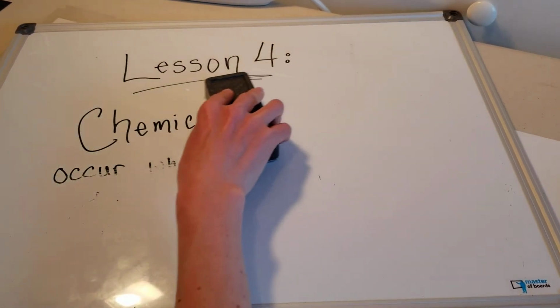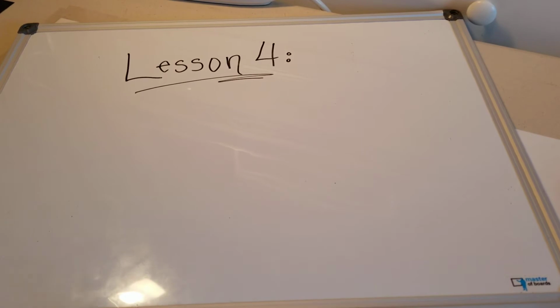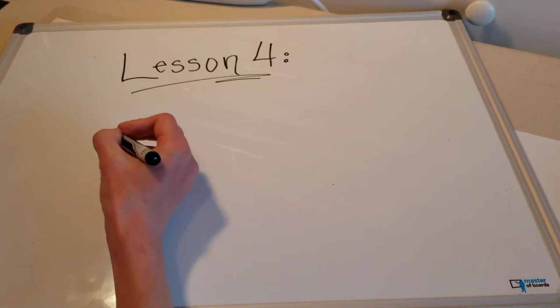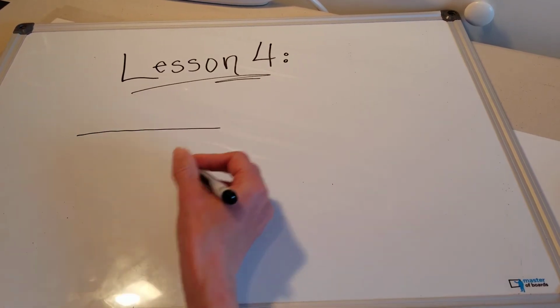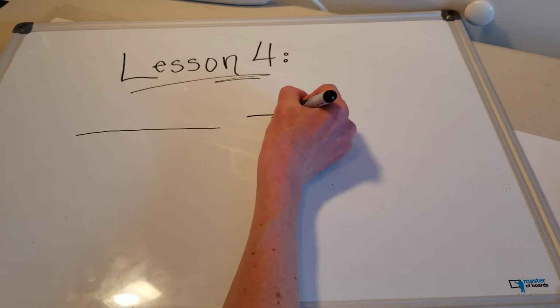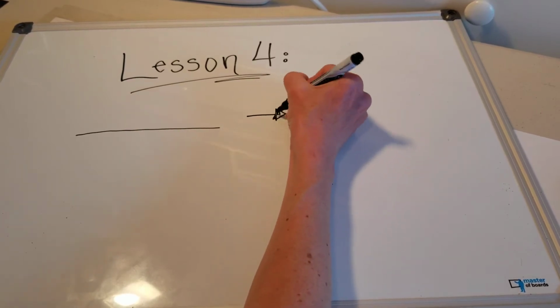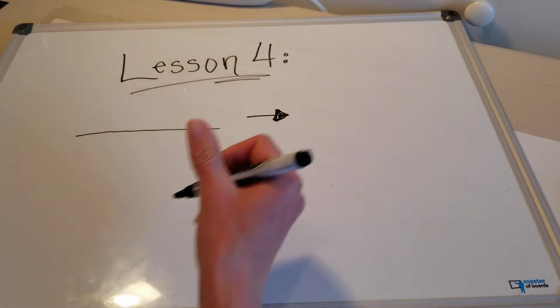When we write those chemical reactions, that's where we use those formulas that we were looking at back in lesson 3. So in the formulas we're looking at, we have something that we start with. We have a process that happens, which is what that little arrow represents. Some kind of energy coming in, some kind of process taking place.